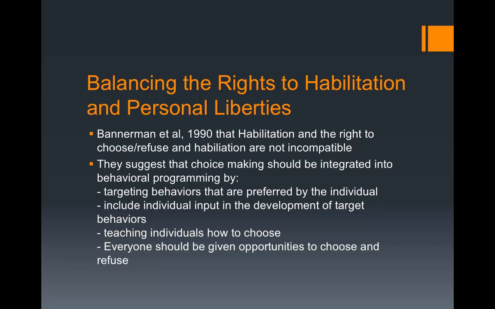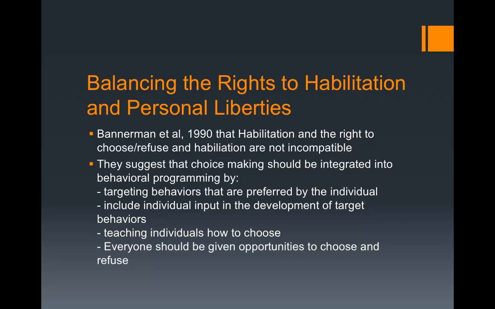A lot of times we can give people choice and it's something that they want to choose. I've had a lot of success with people who, when we placed a demand without choice, that is, okay, we're going to do math now, or you're going to go to the gym now, that resulted in increasing the likelihood of a lot of maladaptive behavior or at least non-compliance.